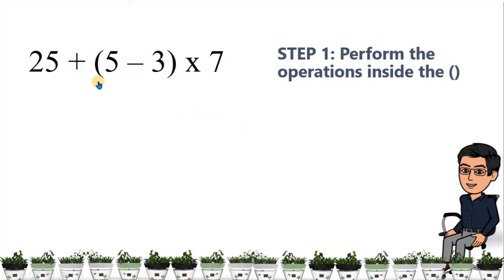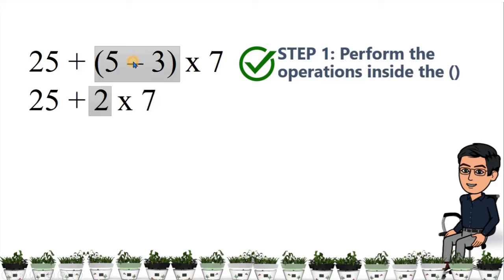Yes, we have. That is 5 minus 3. So that means step number 1 is a check. So we have now to perform the operation inside the parentheses. And what is 5 minus 3? That is equal to 2.